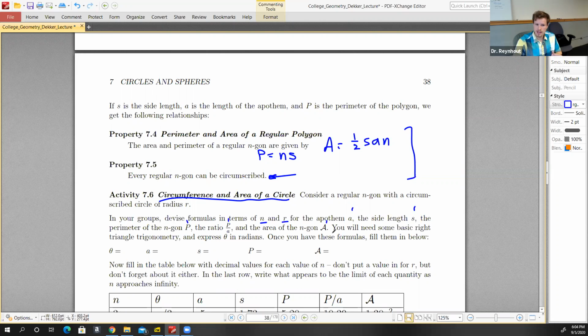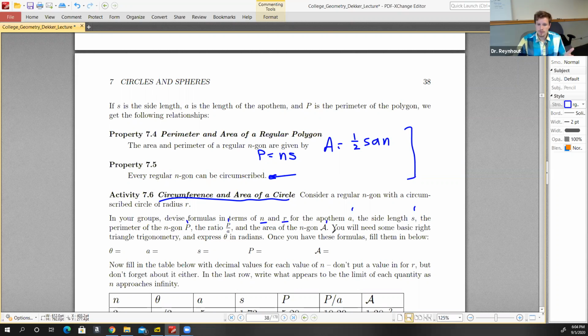Use n, the number of sides, and r, the radius of the circumscribing circle, to find formulas for the apothem, the side length, the perimeter, the ratio of perimeter over apothem, and the area of the n-gon.